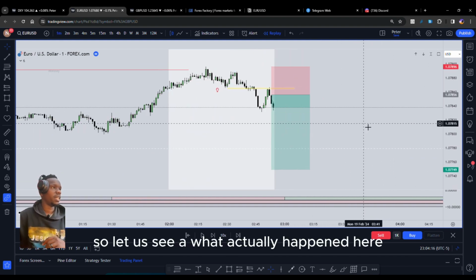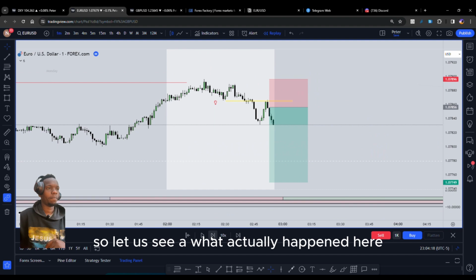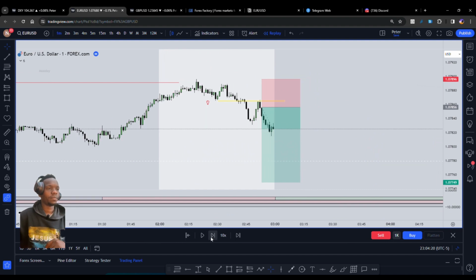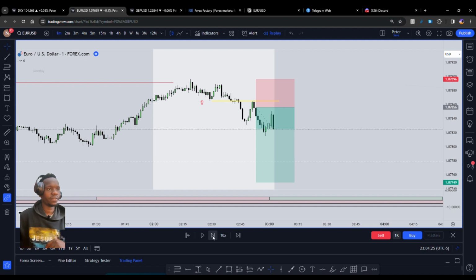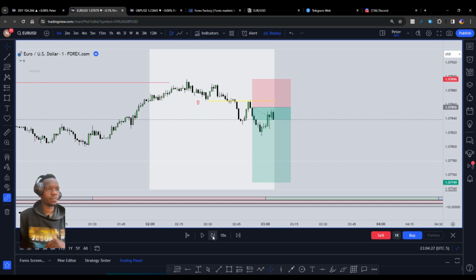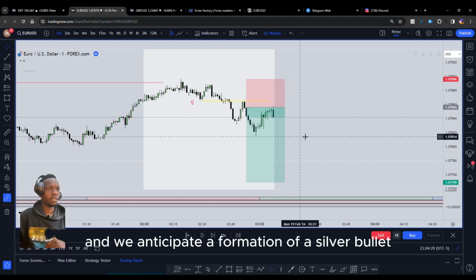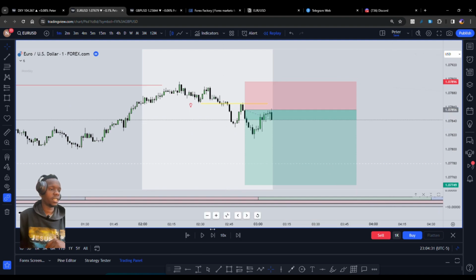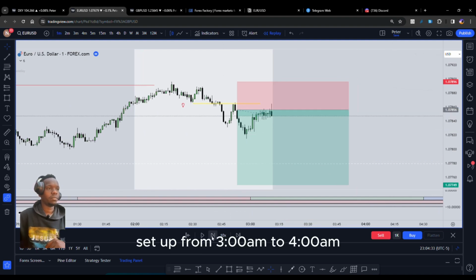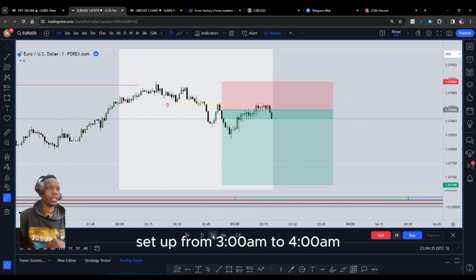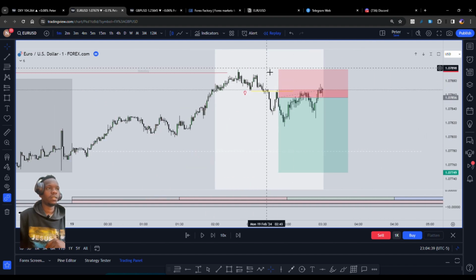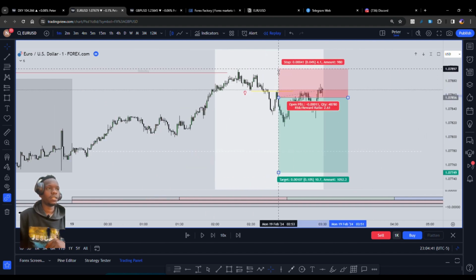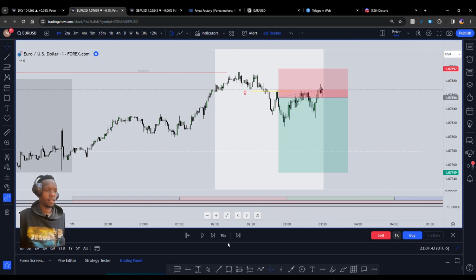So let us see what actually happened here. So this 3 a.m. we expect some volatility, and we anticipate a formation of a silver bullet setup from 3 a.m. to 4 a.m. Yes, put our stop loss there.